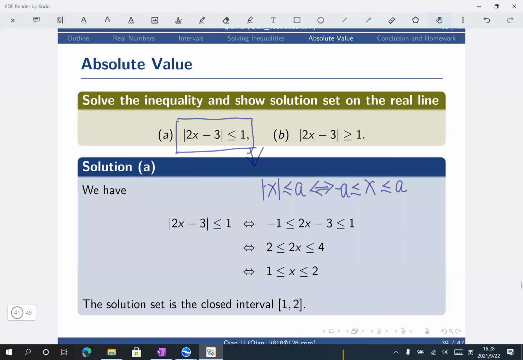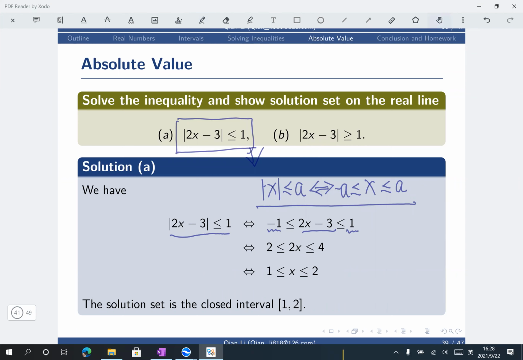Yes. To solve this inequality, we can use this property. So we get 2x minus 3 is larger than or equal to minus 1, right? And smaller than or equal to 1, right?